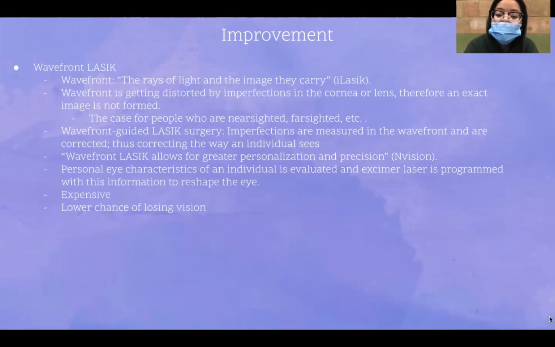Personal eye characteristics of an individual are evaluated, and the excimer laser is programmed with this information to reshape the cornea. It's expensive, but there's a lower chance of an individual losing their vision, which actually brings me to my pros and cons list.